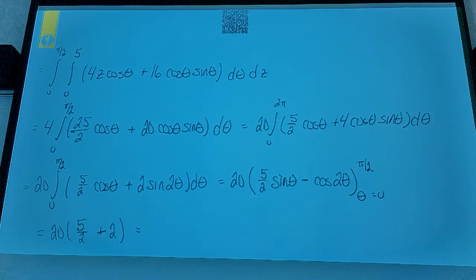From here, yes, I factored out a 5. So 5/2 and 2 is 9/2. Times 20 is 90.